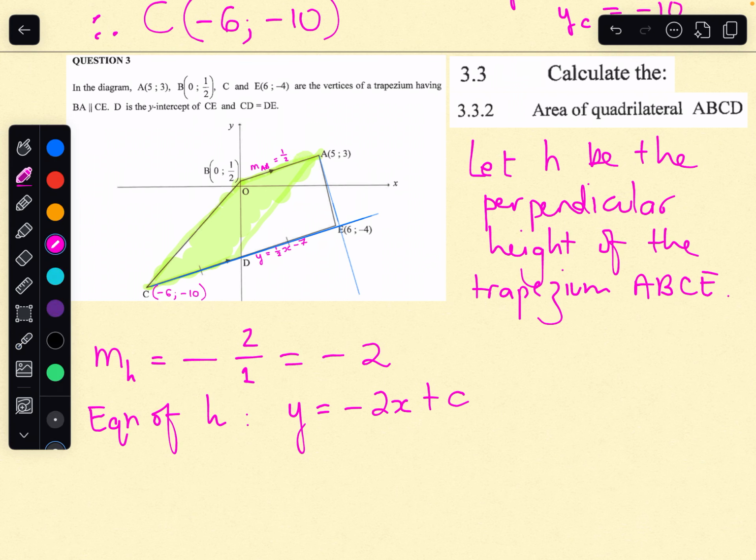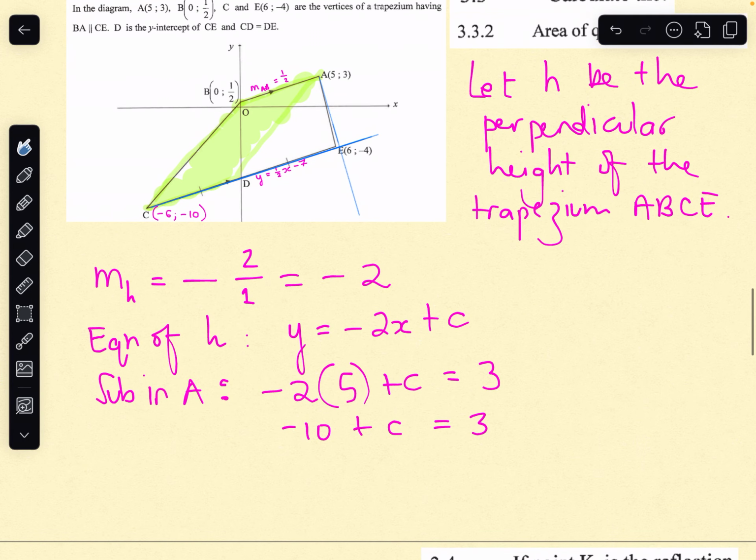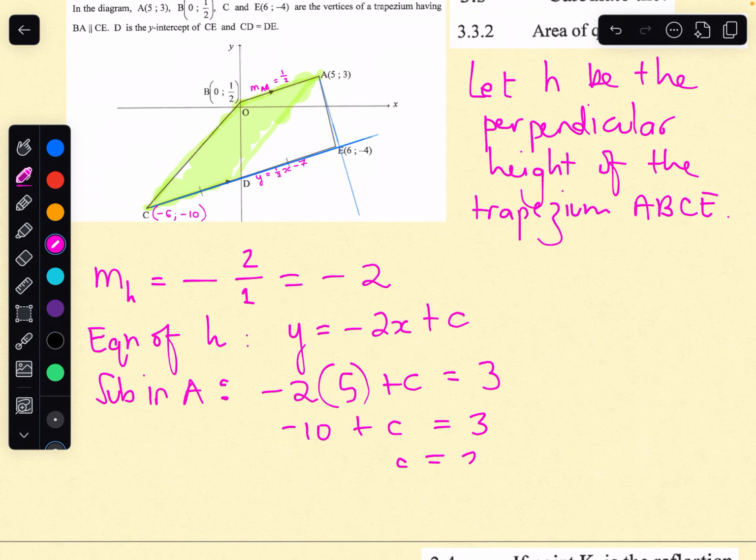So that's the plan. Sub in the point A because it lies on the line that H is part of. So we know that when x is equal to 5, y is equal to 3. So minus 10 plus c is equal to 3, and so c is 3 plus 10, which is 13.